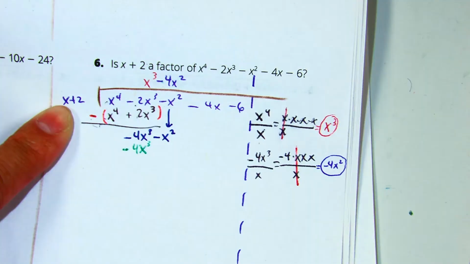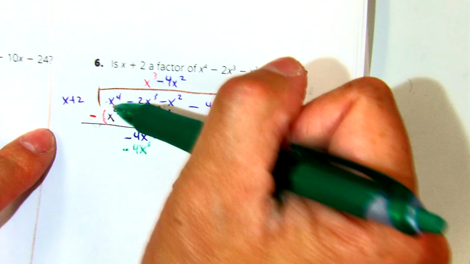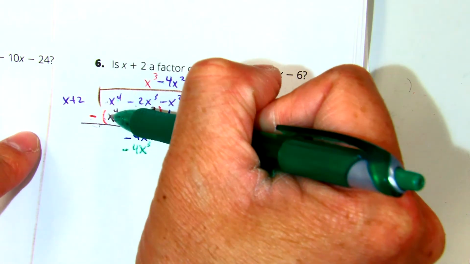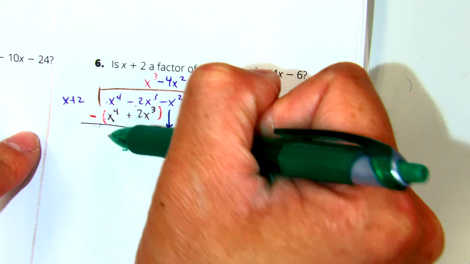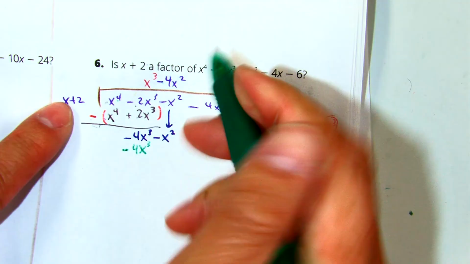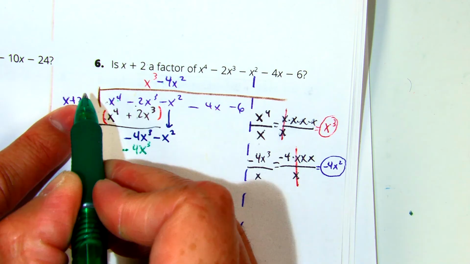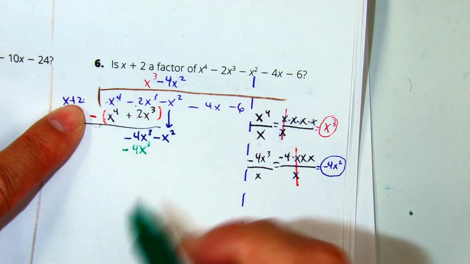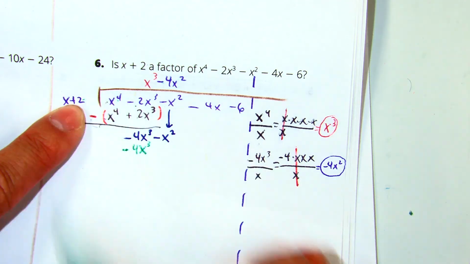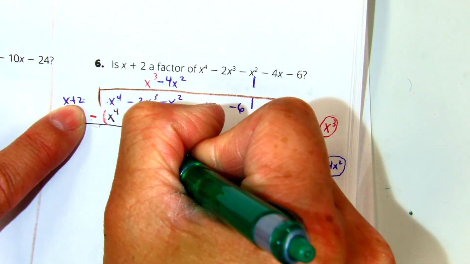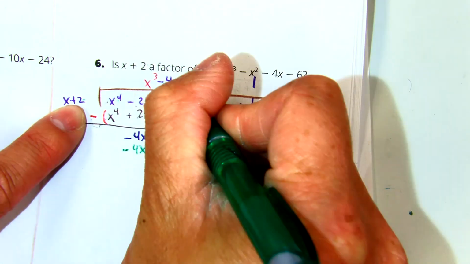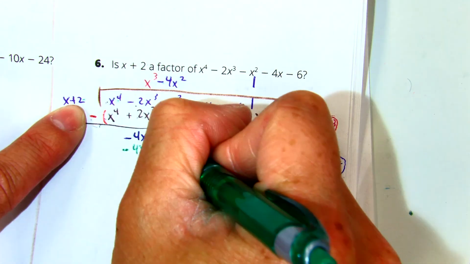To give you a hint of what we're doing, these will be exactly the same to subtract because they'll cancel to equal 0, right? These have to exactly be the same. Let's multiply. Negative 4x squared times 2. What's negative 4 times 2? Negative 8, and then x squared times this is just going to be x squared.